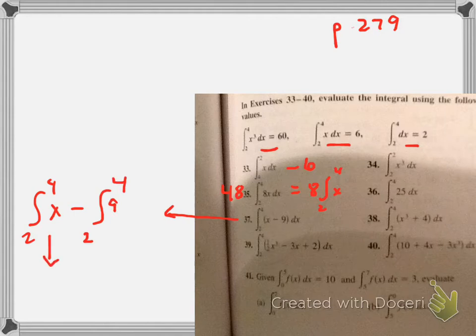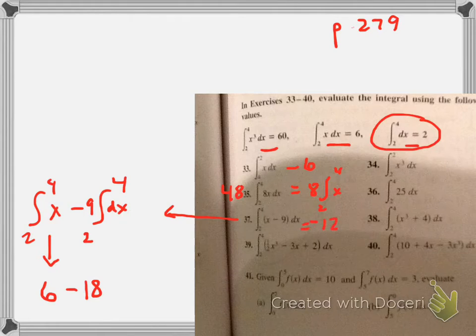Well, that is one that's given to us, and that's equal to 6. And they don't give us 9, but we could take the 9 and write it out front. They do tell us the integral of dx is 2. So 9 times 2 is 18. So that would be negative 12.